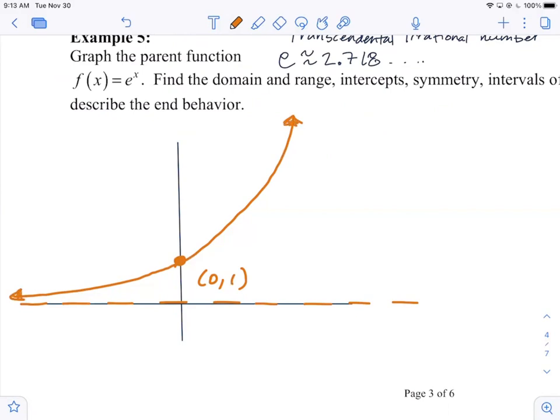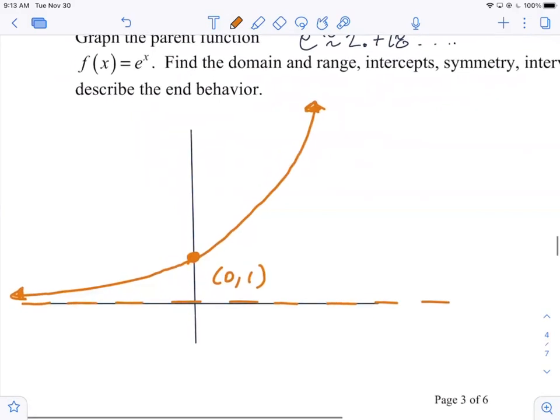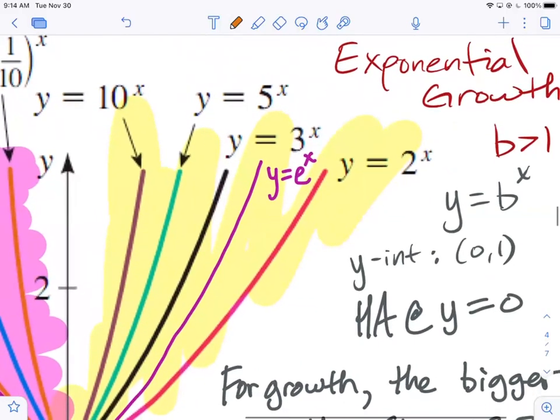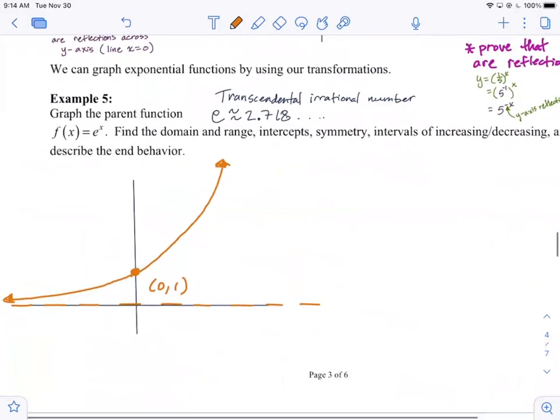So if I didn't give you the equation of that, that could just be any random exponential growth function, right? We don't really need to label anything other than that. It's only important when we have more than one of them graphed on the same coordinate grid to show the relative steepness, okay? So this would be then our parent function f(x) = e^x.